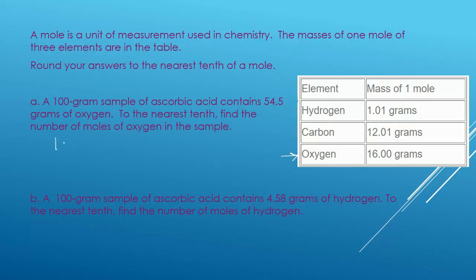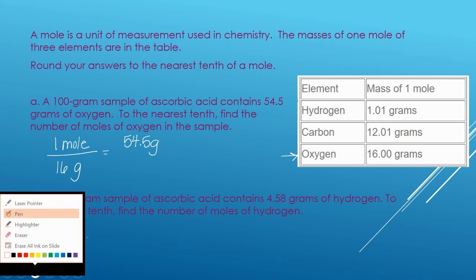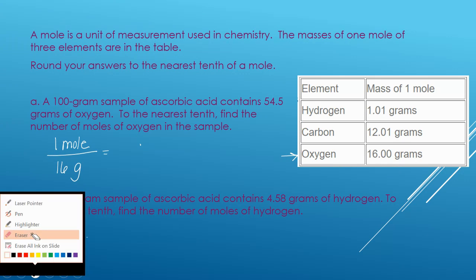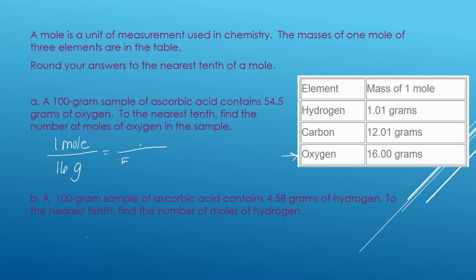So we know that 1 mole of oxygen is 16 grams. In our ascorbic acid, we have 54.5 grams of oxygen, and I put that in the wrong spot. Sorry, 54.5 grams of oxygen. I can set up a proportion to figure out how many moles that is.